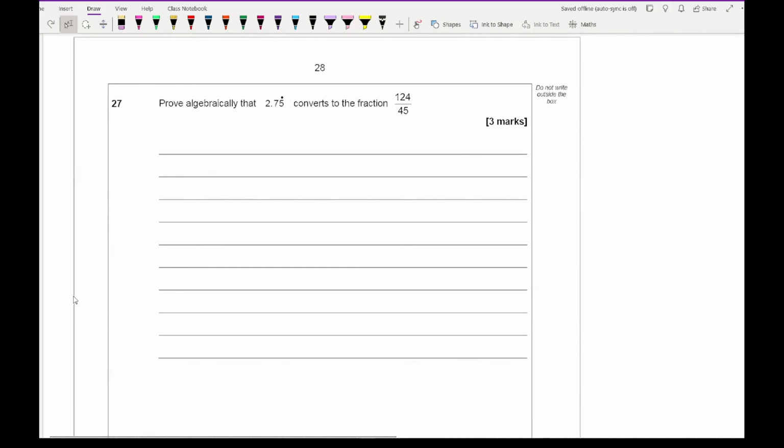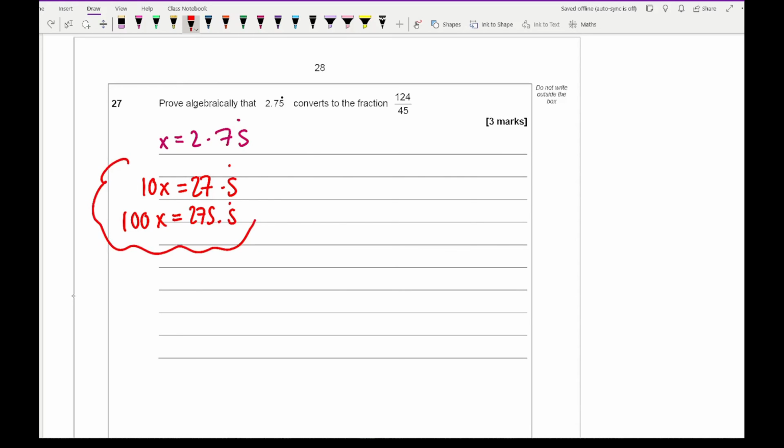Then for question 27, it says prove algebraically that 2.75 recurring converts to this fraction. What we need to do first is make it equal to x. Then multiply both sides by 10, so I get 10x equals 27.5 recurring. Then multiply it by 100, so I get 100x equals 275.5 recurring.